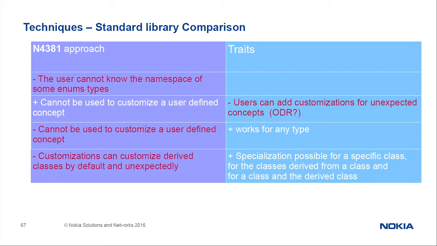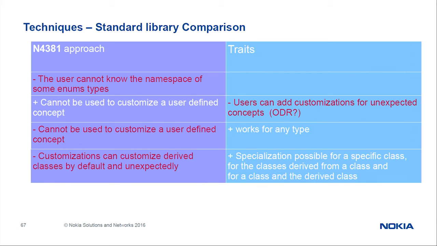I believe that this is a global problem of specialization, and the approach of Eric doesn't have this problem because it forbids specializing for concepts. And then we can see it as a positive point. We don't allow other users to specialize for concepts.